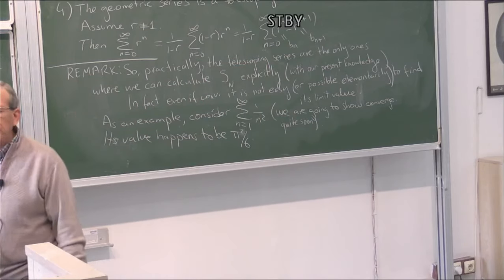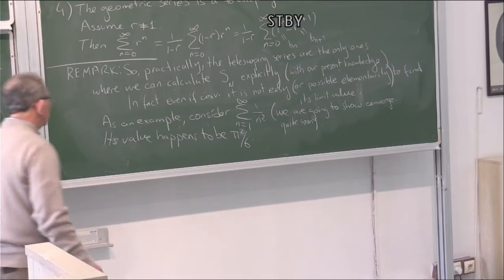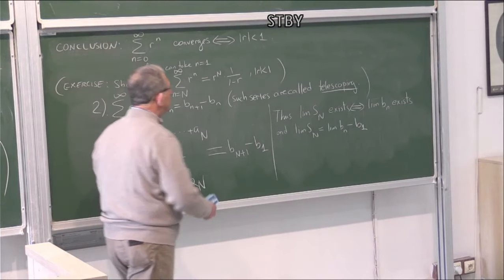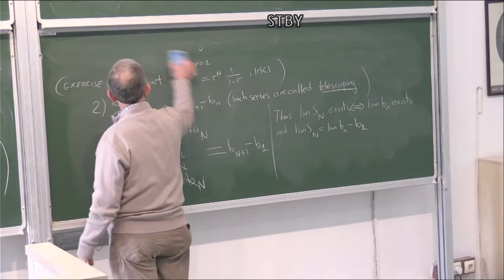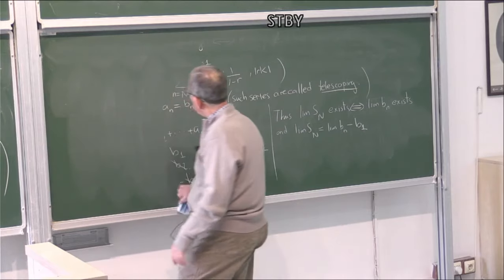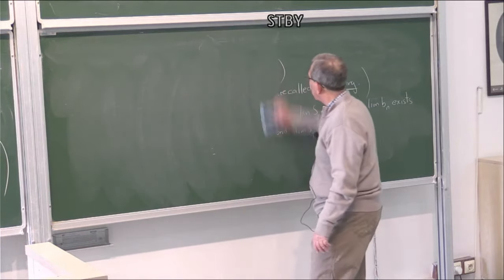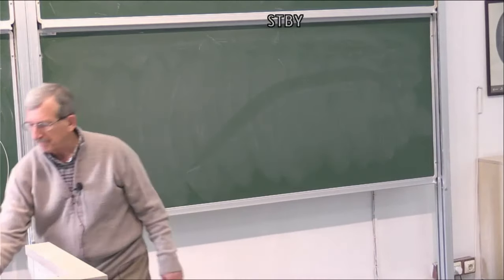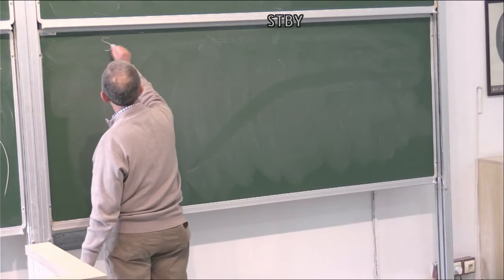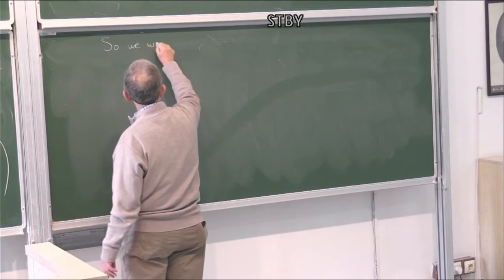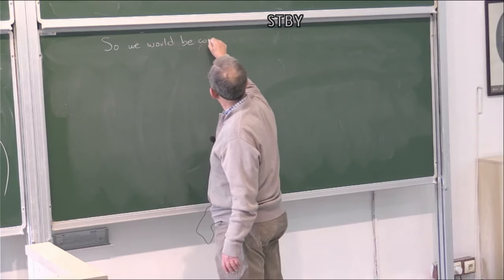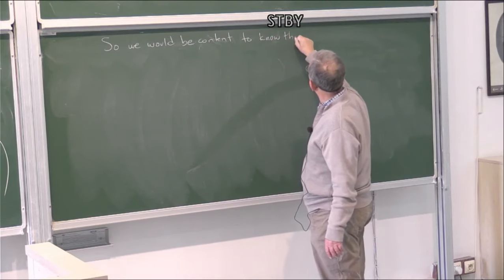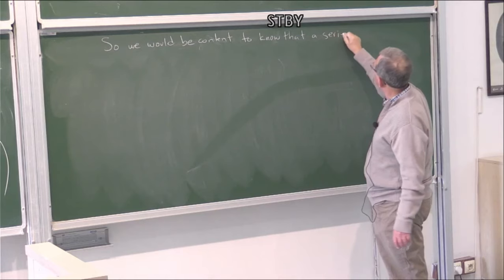So we will be content by finding whether the series is convergent or not, and will not worry about what exactly it is. Let me write this down. We would be content to know that a series is convergent.